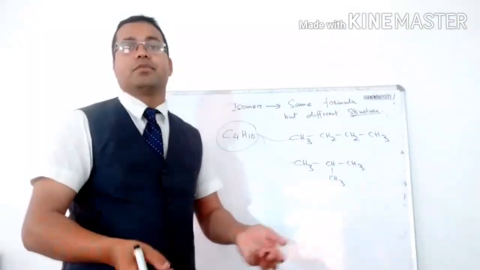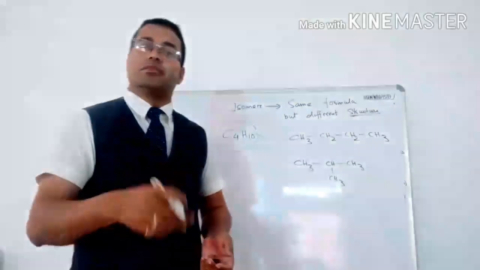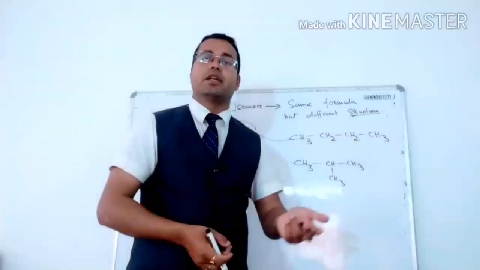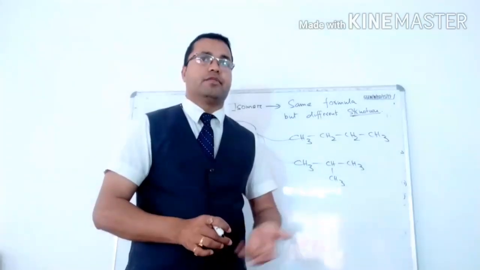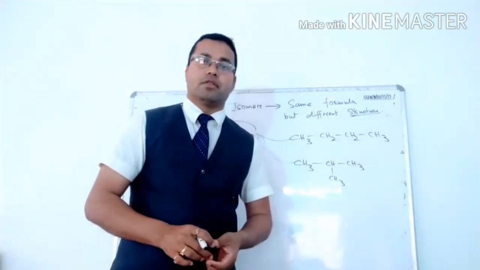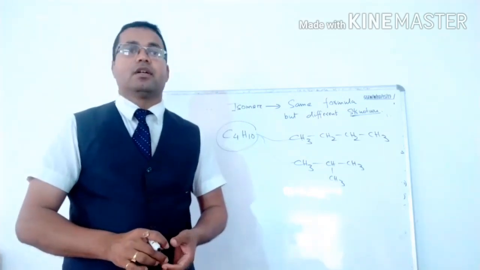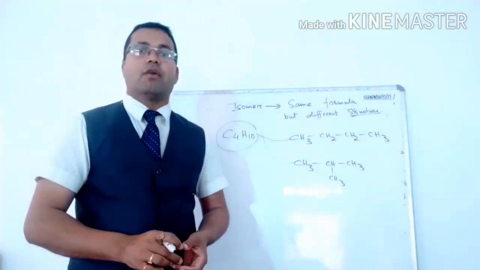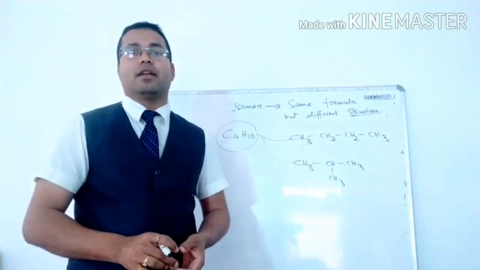So isomer means same formula but different structure, and properties will also be different. You will get different types of isomers: position isomer, functional group isomer, metamer, geometrical isomer, optical isomer in class 11 and 12.